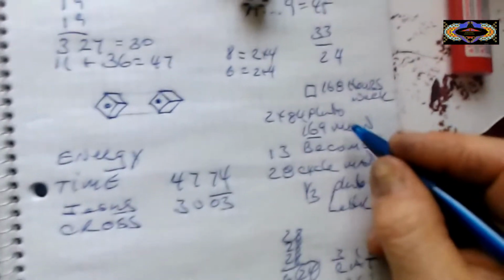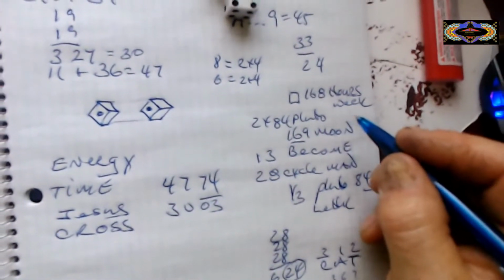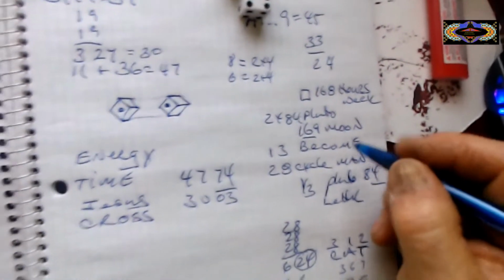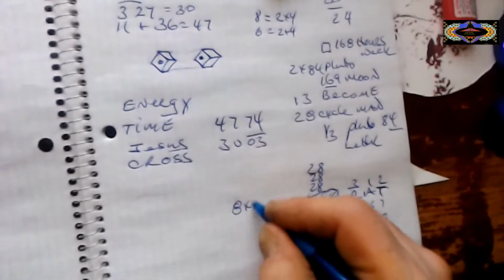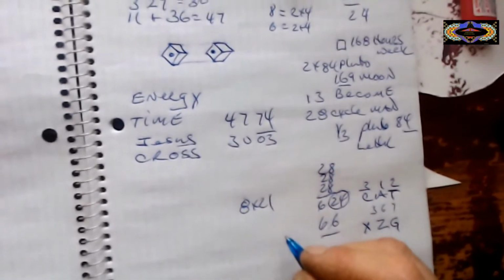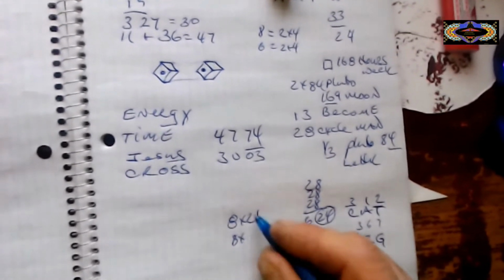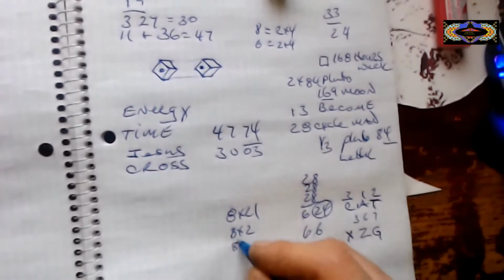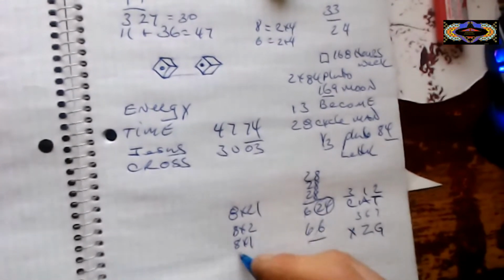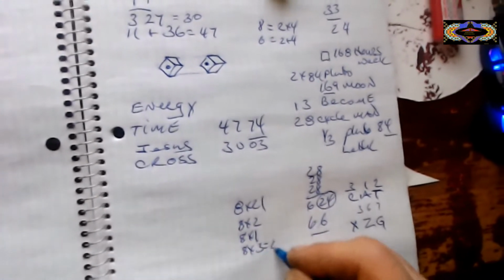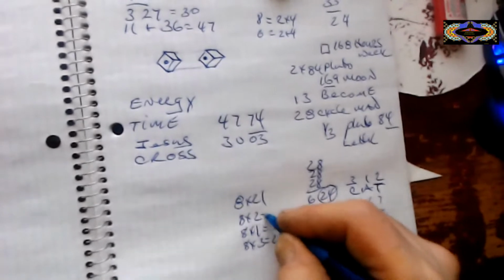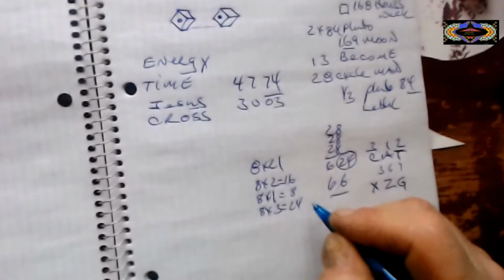So now we have to have 2 Plutos to create our whole week in the cycle of time, and that would be 8 times 21 in order to create that, or 8 times 2, 8 times 1, 8 times 3, 24 equals 8 equals 16.